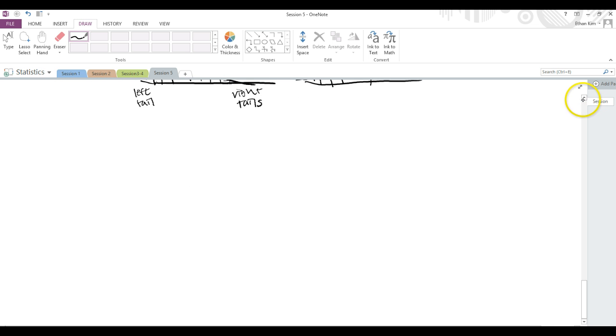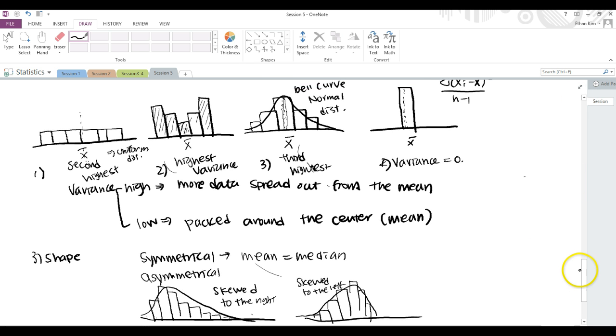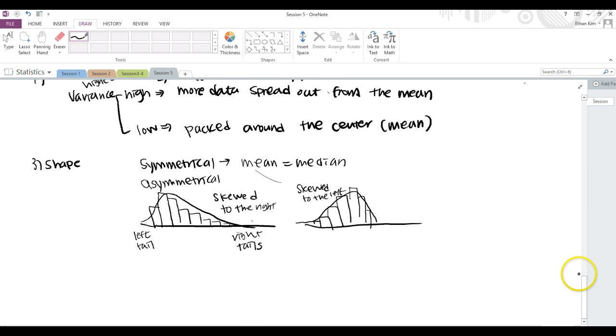So what do you think the difference between the mean and median is for this case, skewed to the right? Let's call the median M, and the mean is always x bar, right? So which one do you think is bigger? In this case, x bar is bigger.